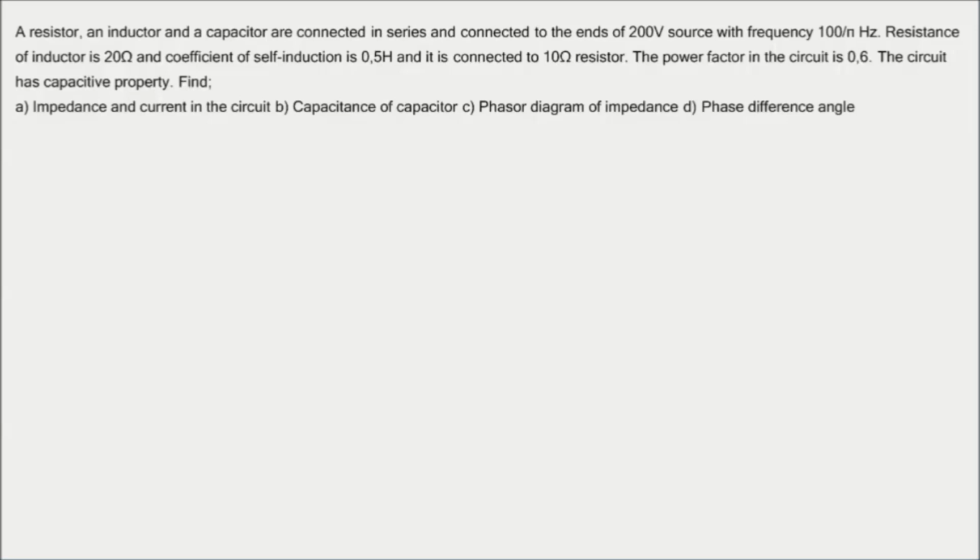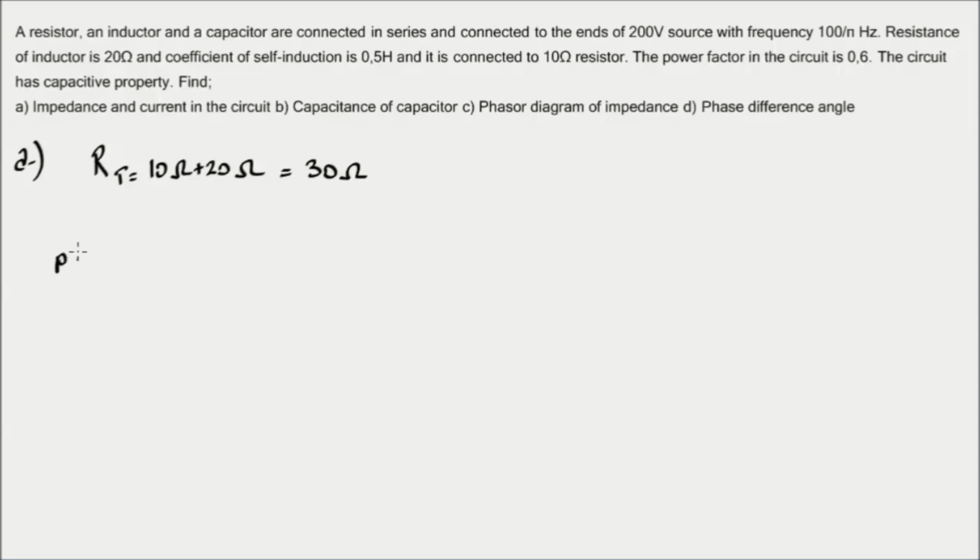It says calculate impedance and current in the circuit. The resistance in the circuit is 10 ohm plus 20 ohm. Why? There are two resistances, in the inductor and in the resistor, so overall it is 30 ohm.